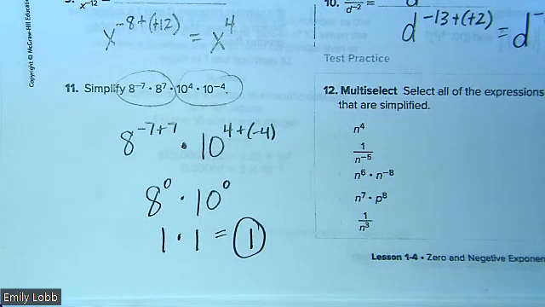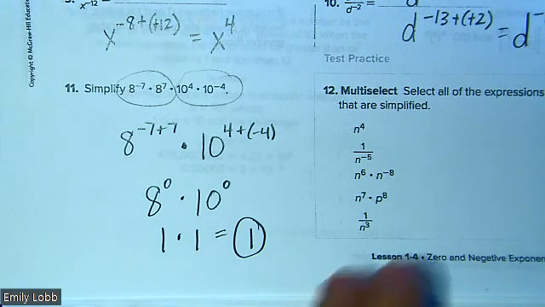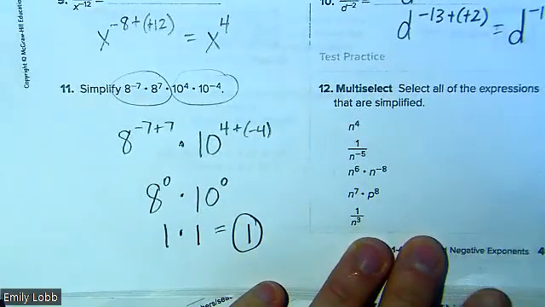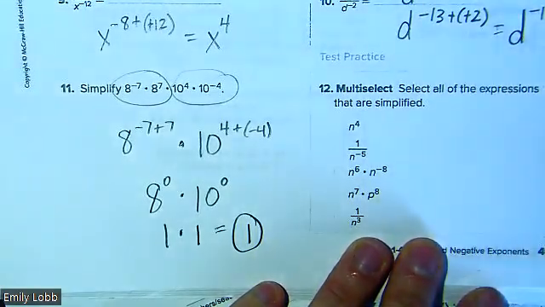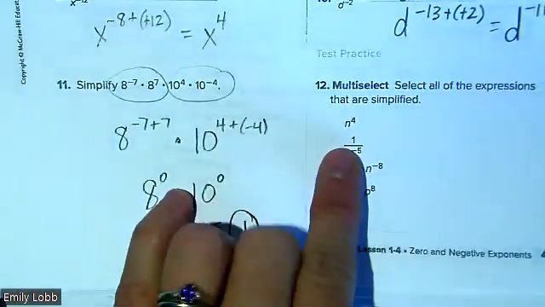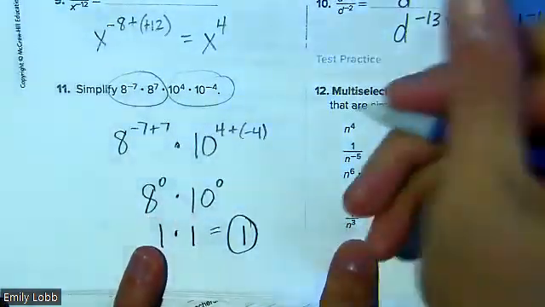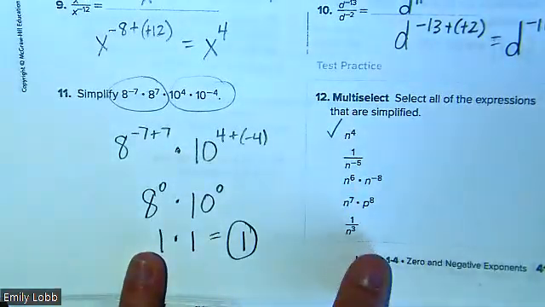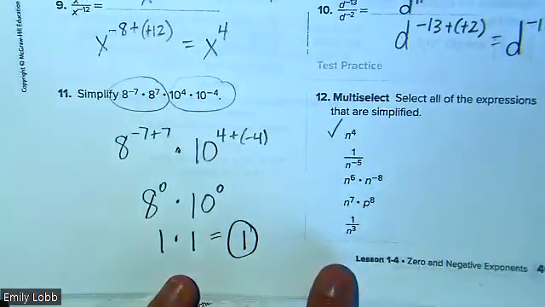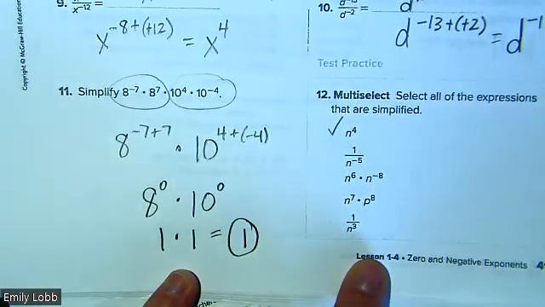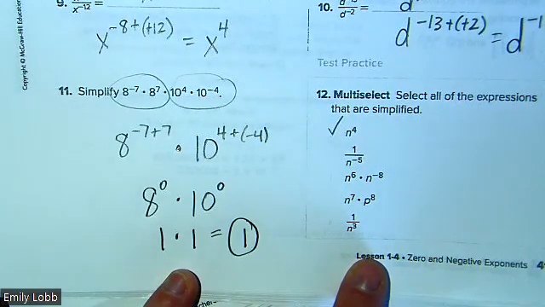Did you guys get that? Yeah. Now you see it. Use those notes, guys. Select all of the expressions that are simplified. Is the first one simplified? Yes. Is the next one simplified? No. We can't have negative exponents. But it's negative, so we can take it out of the basement.